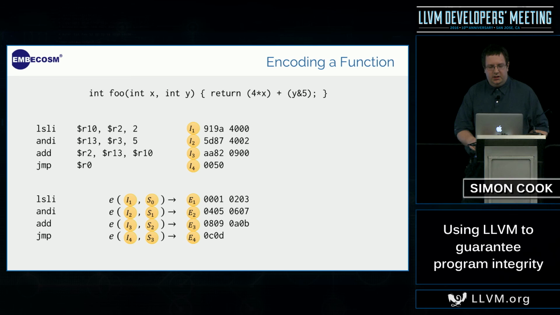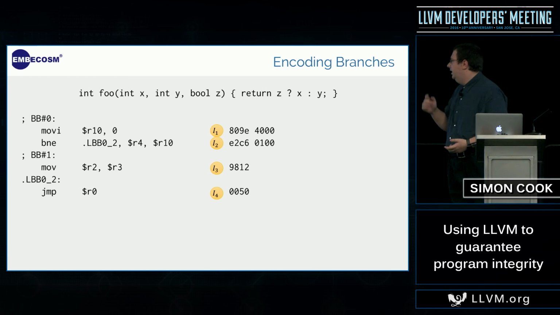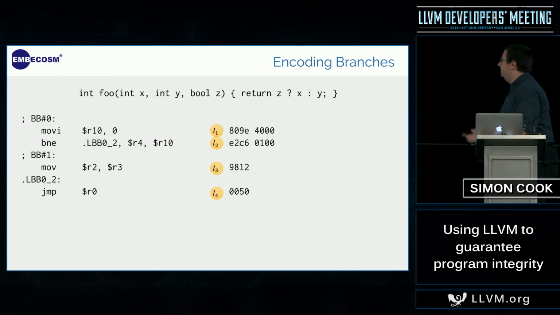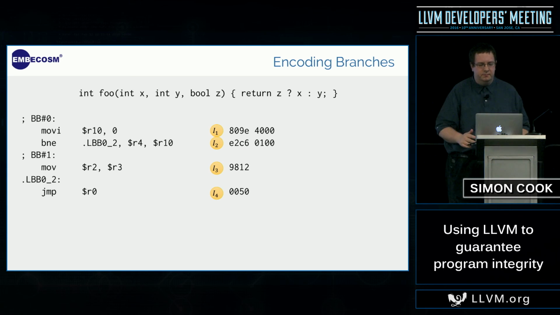But say we have something more complicated, such as a select instruction, where the code you may traditionally generate is, I will move one value into a register, and then depending on some comparison, I'll override that with the original.